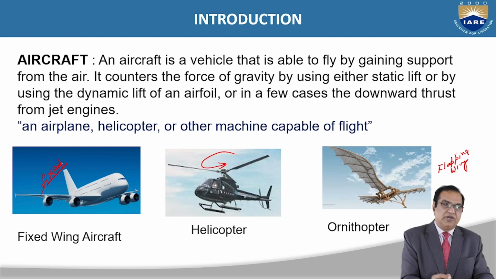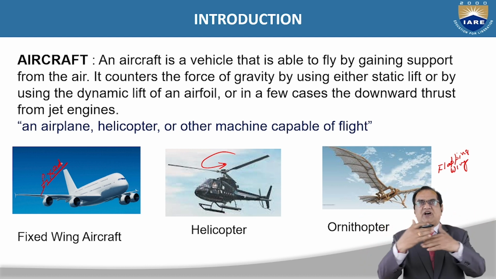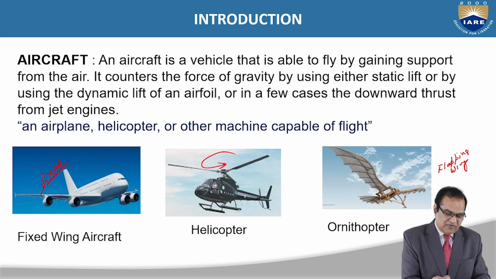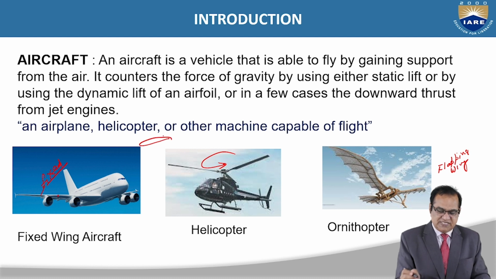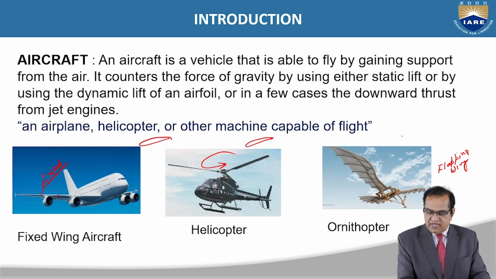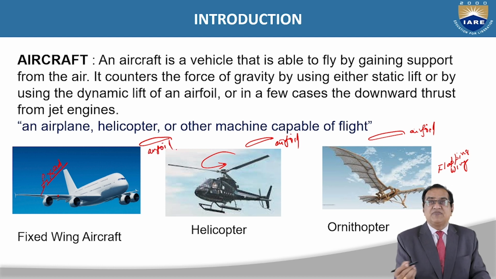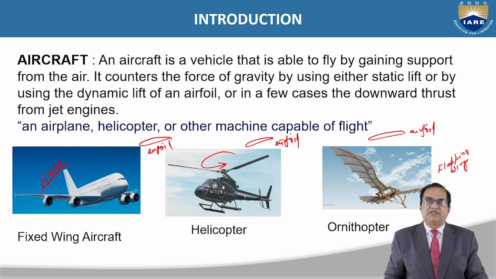Due to the speed of the aircraft, the lift is generated by the airfoil. Every wing has an airfoil like this, and everywhere we have the airfoil. These airfoils generate the lift, and that lift has to counter the gravitational force, that is the weight of the aircraft.